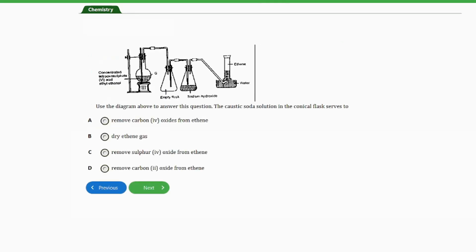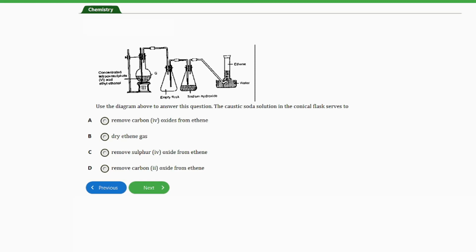So let's look at the next question, question number 3, and we have a diagram here, guys. The question says, use the diagram above to answer this question. The caustic soda solution in the conical flask serves to A, remove carbon dioxide from ethane. B, dry ethane gas.